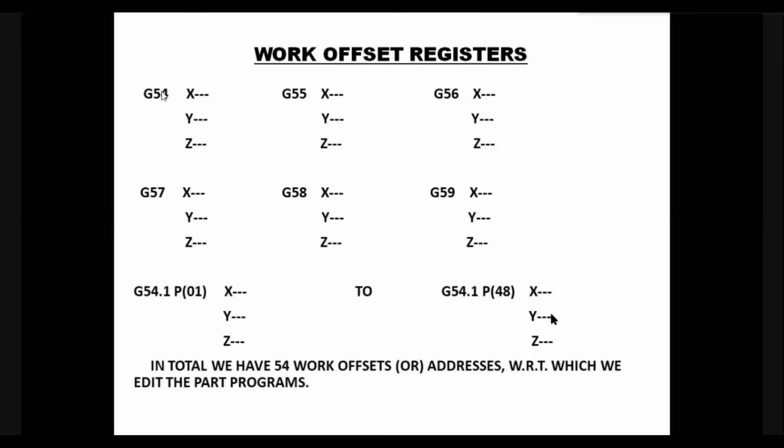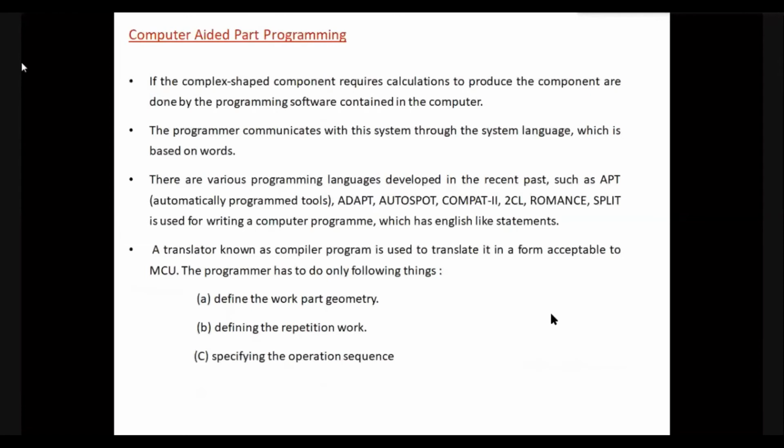Just take a look at this particular slide. We will go. So, next slide. Here, if the complex shaped component requires calculations to be performed, and the programmer communicates with this system through the system language, which is based on words, means here what happens, there will be various codes, G code, M code, T code, and our address, and some number following the address, the number as well as the address.